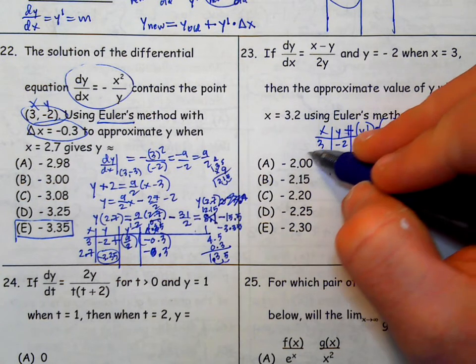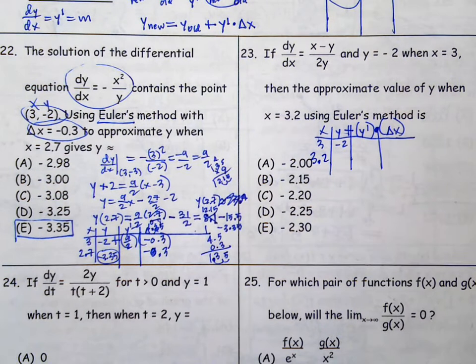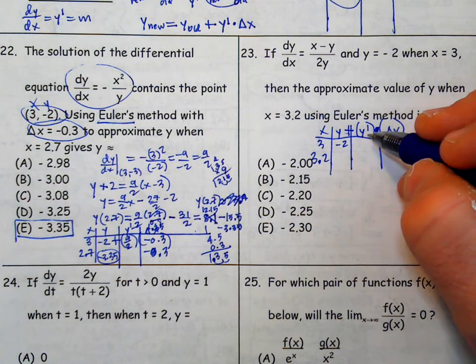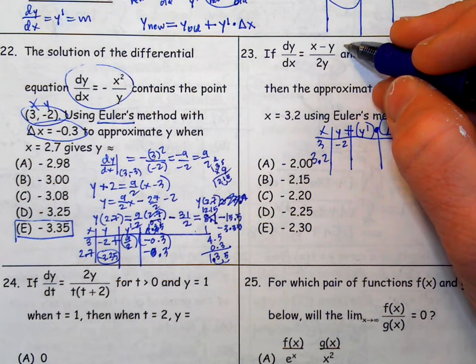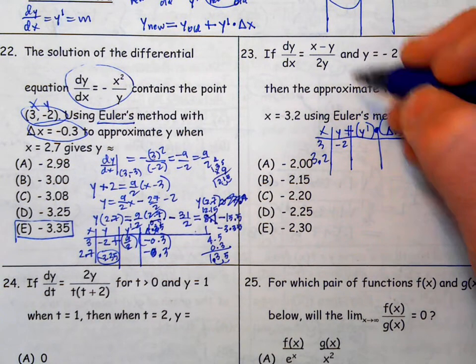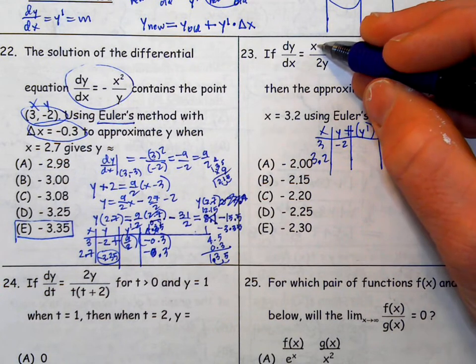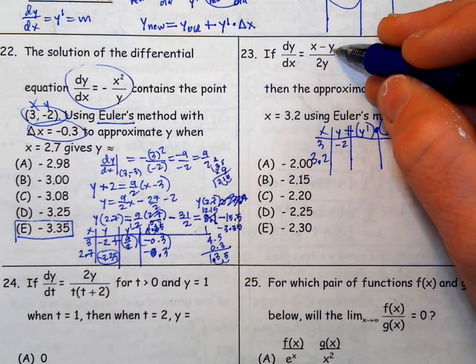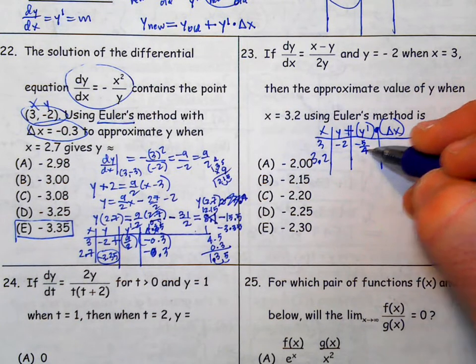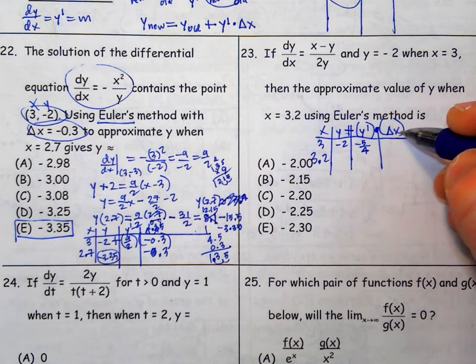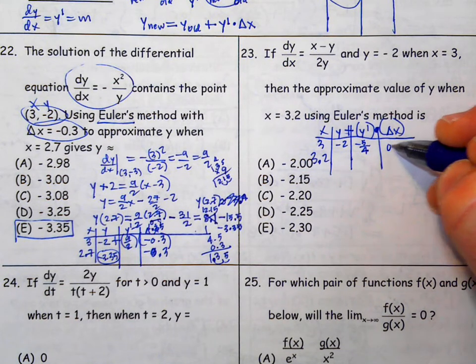Usually they say how many steps, so I guess we just assume it's one step, which isn't really much of Euler's method, but you plug these into y prime, and you'd get, let's see, 3, you get 5 over negative 4, you get negative 5/4, and then delta x is 0.2.